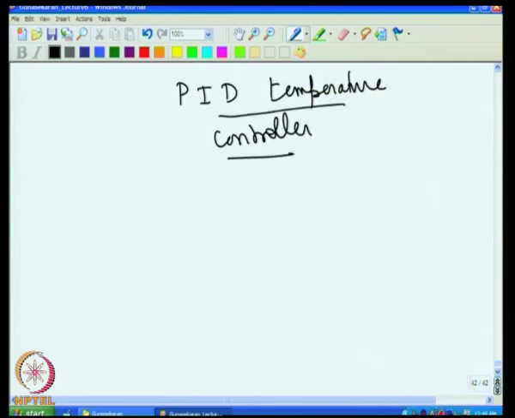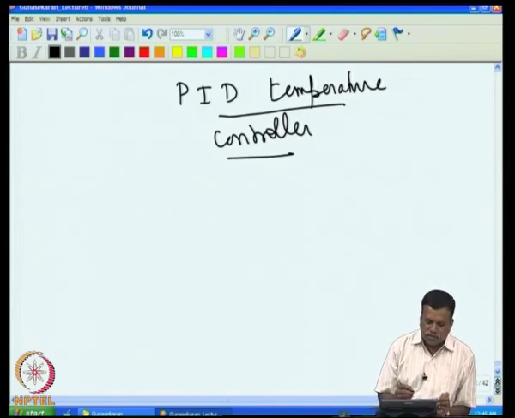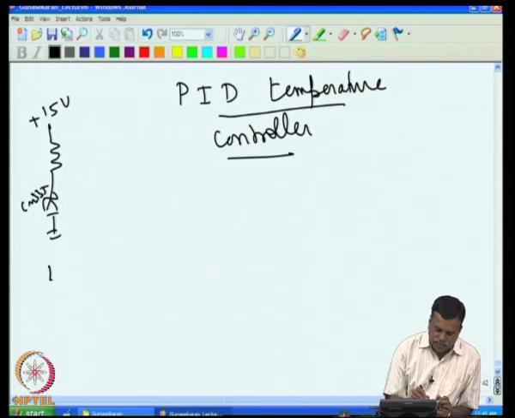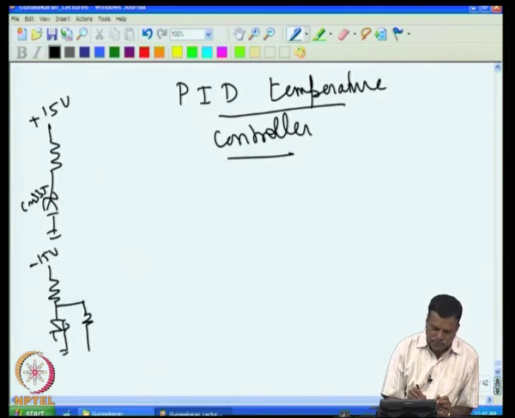Now, what can be done is we can use the same logic, just add the differentiator stage, then this becomes a PID temperature controller. Let me redraw quickly the entire circuit. In the earlier case we had our temperature sensor, that was given to plus 15, then LM335, then we had minus 15 as a reference voltage, that is a set value.